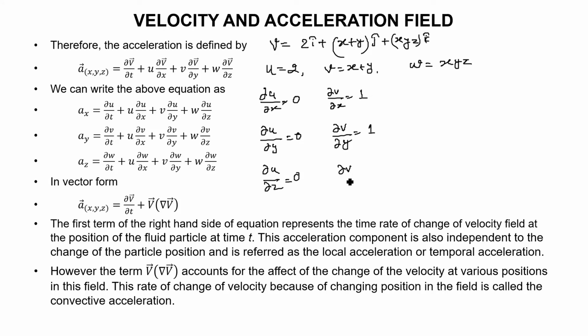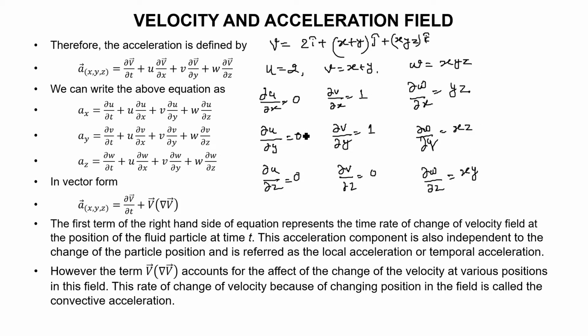Again, ∂v/∂z = 0, as the velocity in the y direction is independent of z. Now, ∂w/∂x = yz, ∂w/∂y = xz and ∂w/∂z = xy.